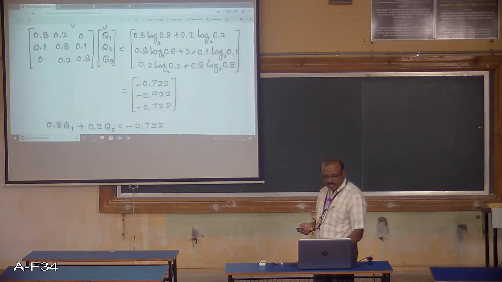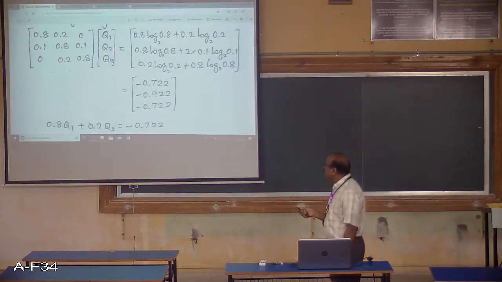It's a fundamental relation: the channel matrix multiplied by some constants Q equals the transition probability times log of that value. So 0.8 log 0.8, 0.2 log 0.2, and 0 is 0 itself.